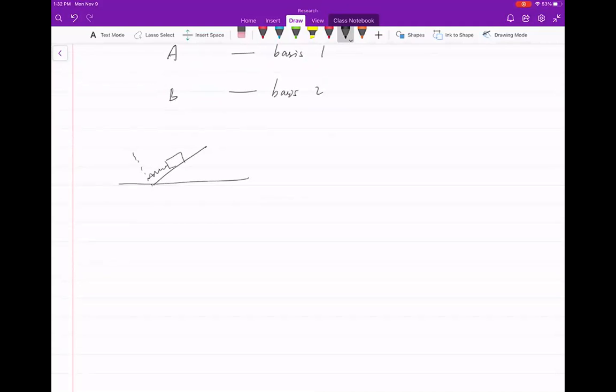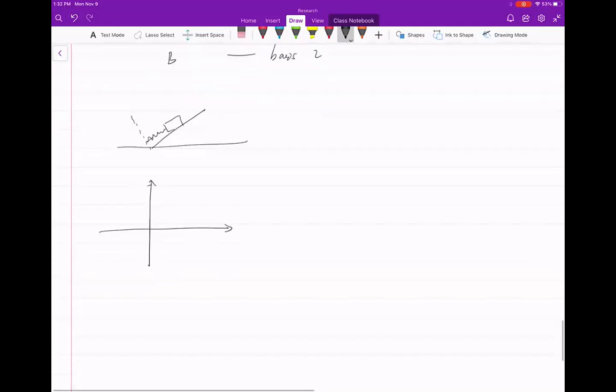Well, it really depends on how you set your coordinate system. If you set your coordinate system to be like this, I have one way of saying it. If you set up your coordinate system like this, which a lot of you do when you do physics, right? Why don't you just set the thing to be on the ring plane? Then every coordinate on this thing will be easy. Can you see that for the same system, if you choose different coordinate system, your matrix ends up being different?